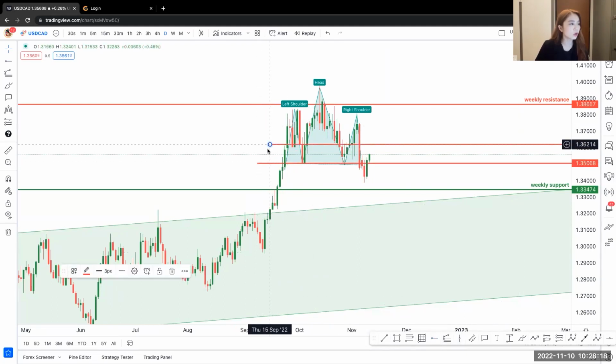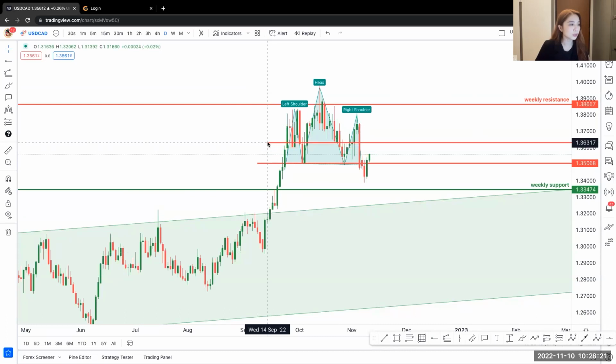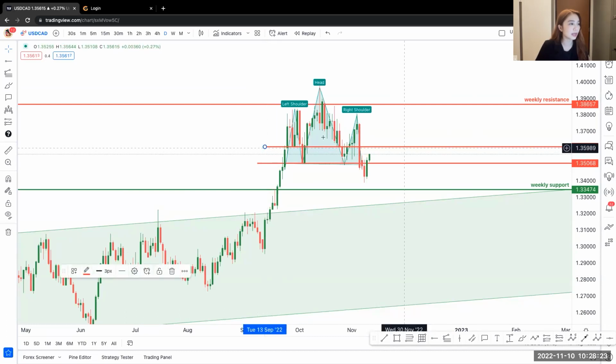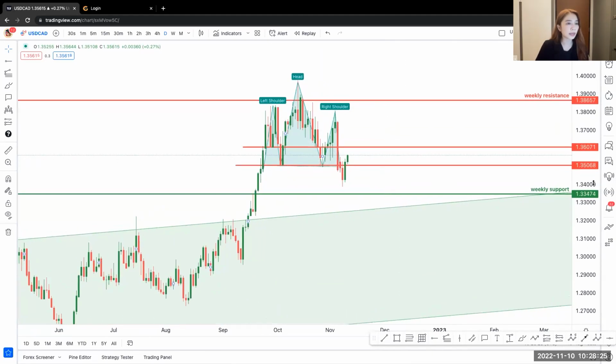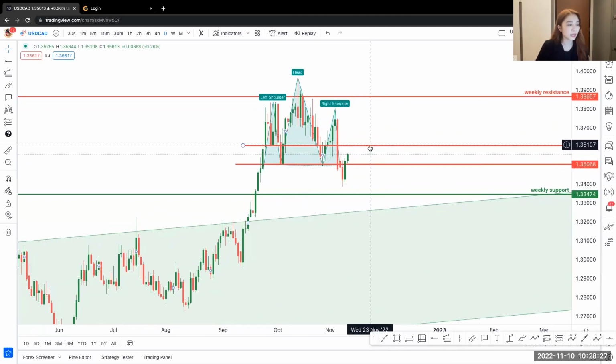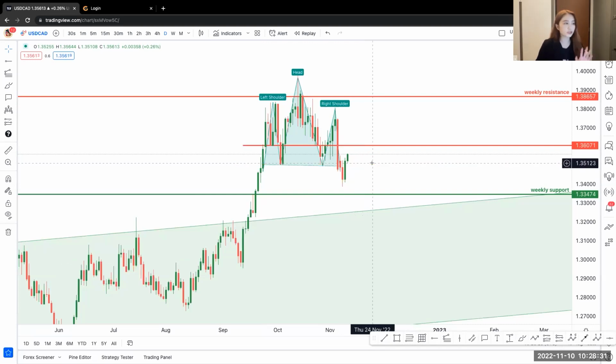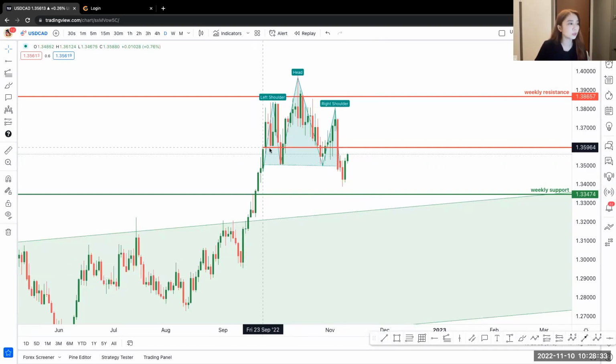And for head and shoulders, there's a chance that there is a pullback to the half of the head and shoulders before it finally drops down. So currently, I'm expecting a possibility where price will pull back to 1.36035 before dropping back down for dollar CAD.